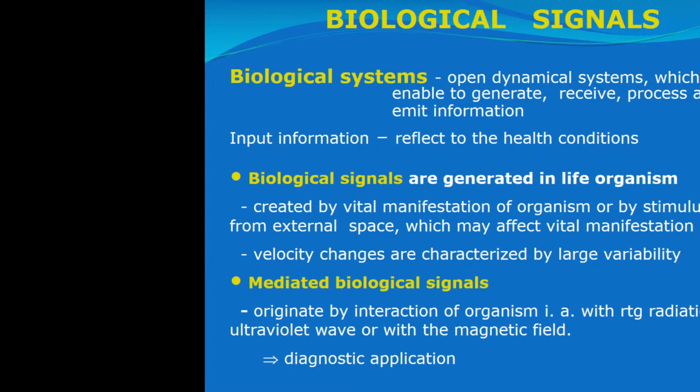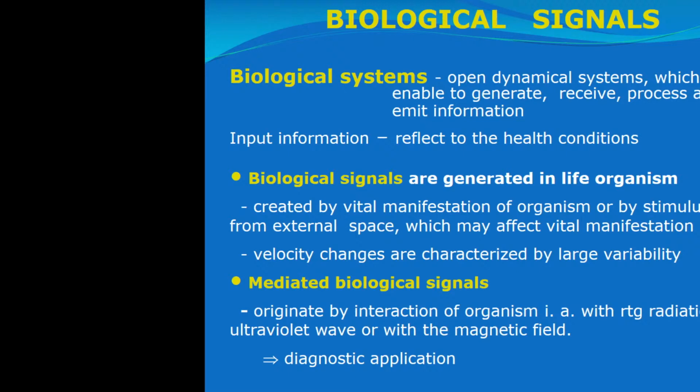Velocity changes are characterized by large variability. Mediated biological signals originate by interaction of organisms, for example, with radiation, ultraviolet wave, or with the magnetic field.